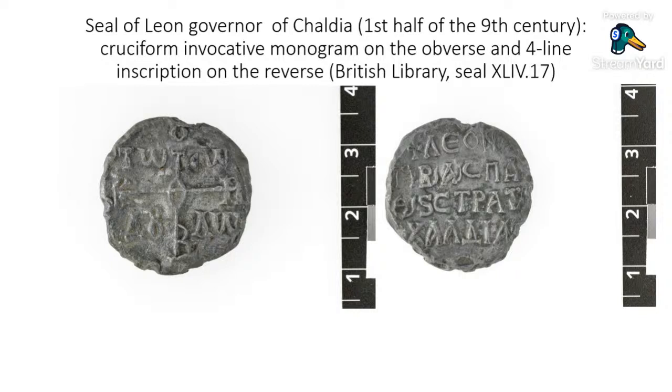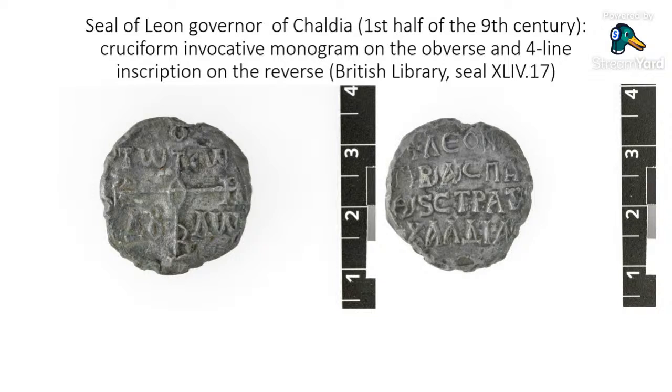The other possibility is a monogram. You can see here a few letters composing a word or several words. In this case, an invocation to the Mother of God, Mother of God, help.